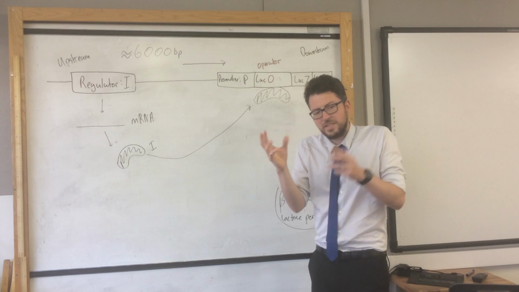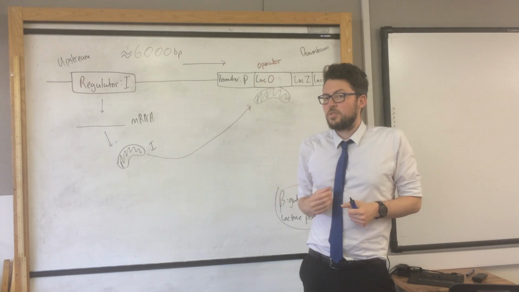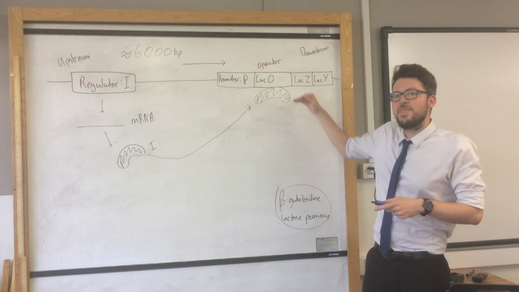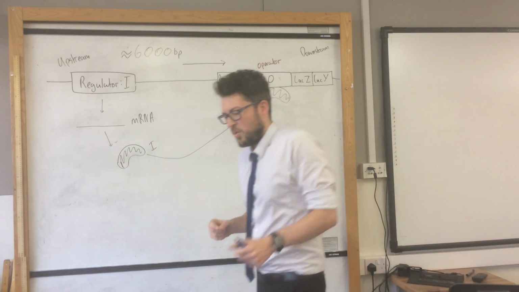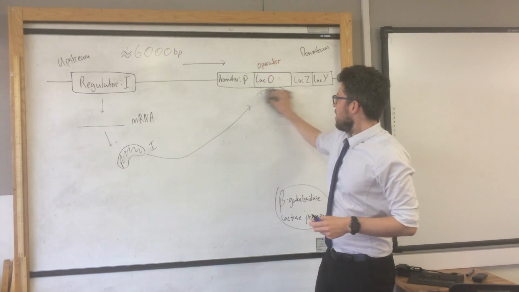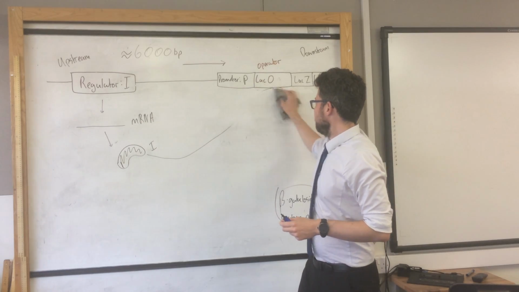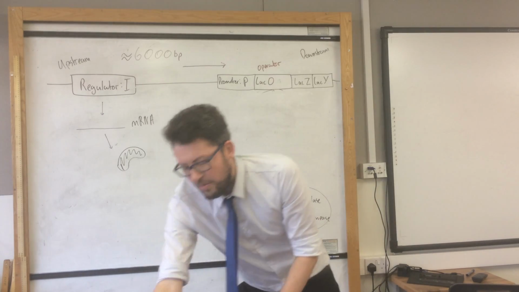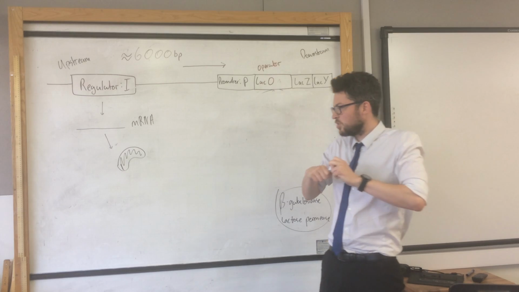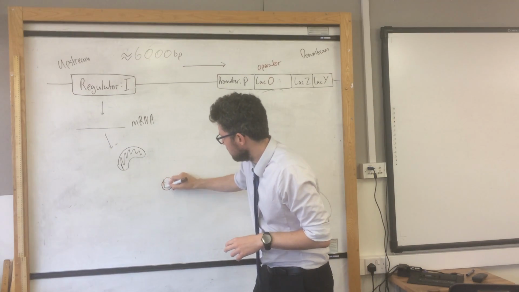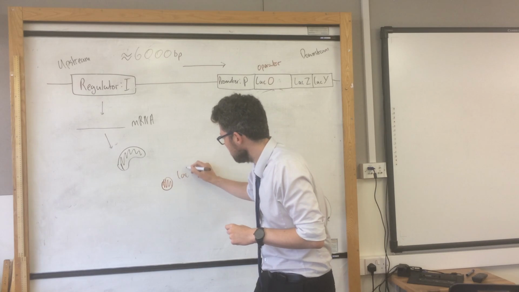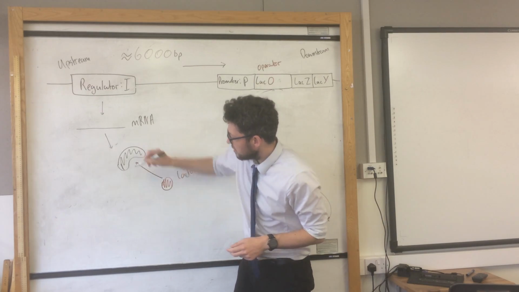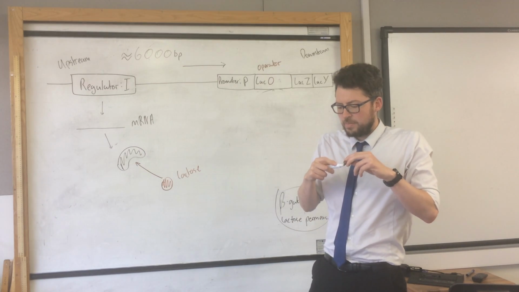So under normal conditions, when I say normal I mean low lactose conditions, this is what happens. These enzymes can't be converted to mRNA and then into proteins. But what happens in high lactose conditions is slightly different. If there are high levels of lactose, lactose will come in and bind to the regulator protein, and that changes its shape.